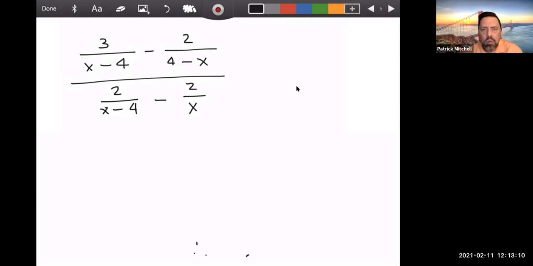All right, so what would we have to include in the LCD there? Well, it would definitely have to include an x, and it would have to include an x minus 4. It does not, however, have to include a 4 minus x because remember, that's just the opposite of x minus 4. So we can actually get by with just x times x minus 4.